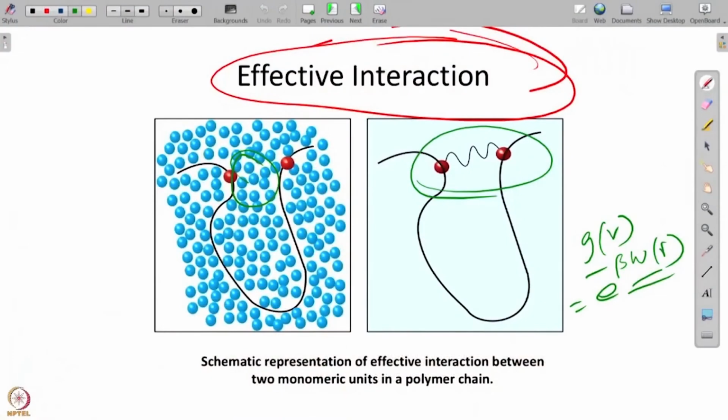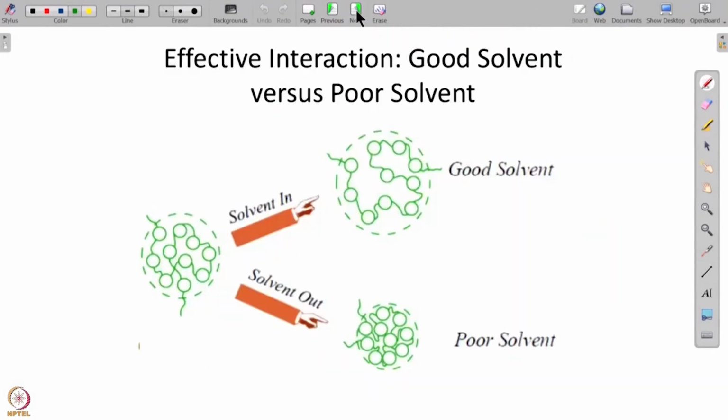However, if you put, for example, a lot of water, which does not like the hydrophobic polymer, then the polymer will collapse, and this is shown here. In a good solvent, water molecules come in everywhere, and then you get a swelling of the polymer, a very important phenomenon.